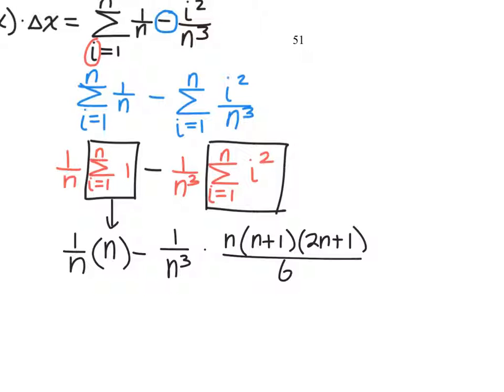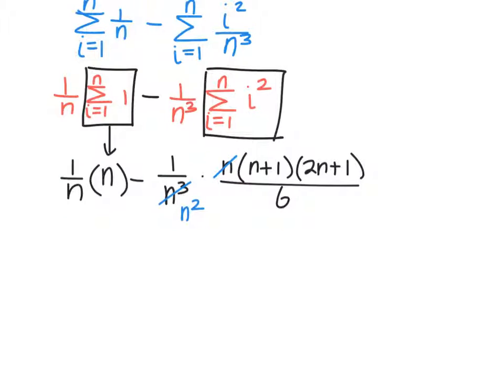So then we just have to clean this up. Now, the temptation might be to cancel the n's. And to some extent, you want to do that, like this n with this, to give you an n squared. But for the first one, since we have to get a common denominator anyway, I'm going to leave it as n over n for the moment. And the other one I'll distribute out, 2n squared plus 3n plus 1 all over 6n squared.